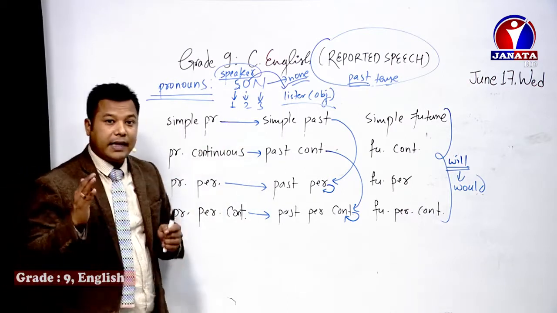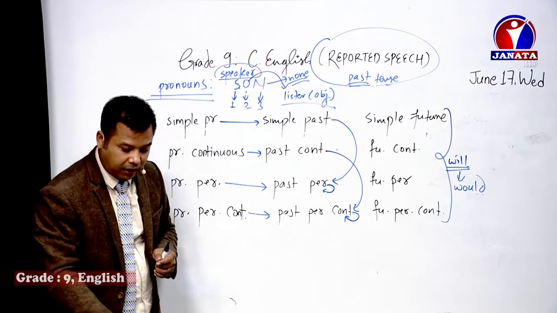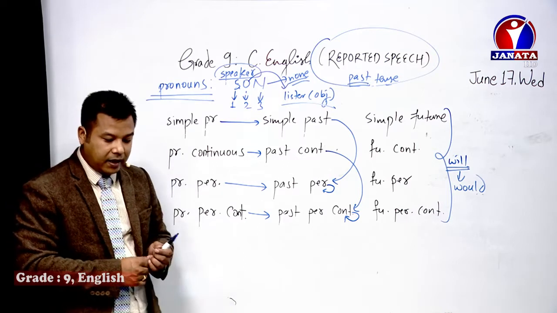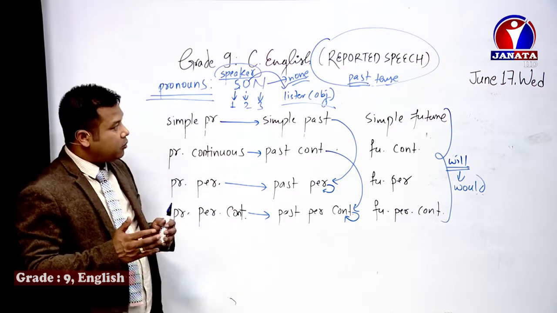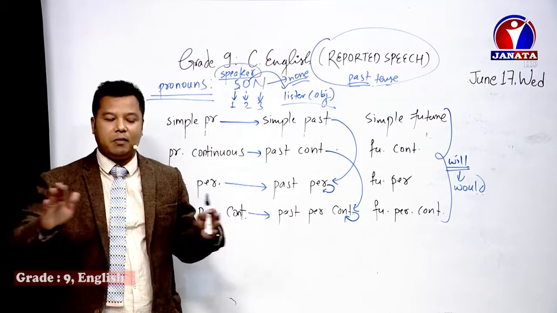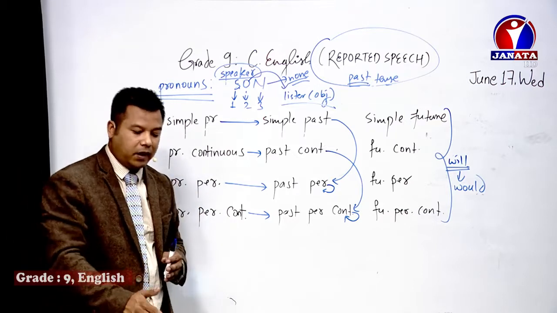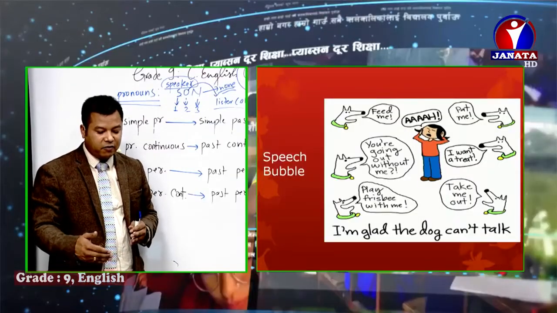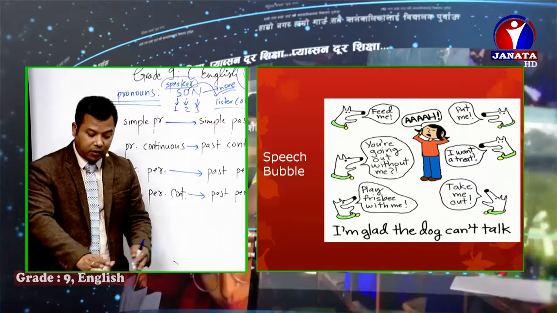Now, we will take some examples. But before that, I would like to share something right over here on the screen. See the speech bubbles here. When you talk about speech, we're not talking about human beings as speaker, all right? Speaker can be anybody. Here you can see the dog is the speaker and the dog is telling, feed me, pat me, play a frisbee with me, take me out, and all this.